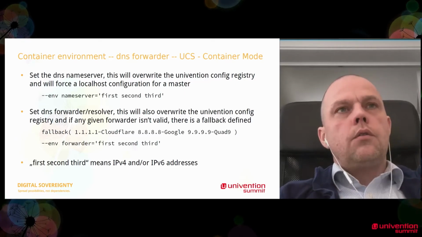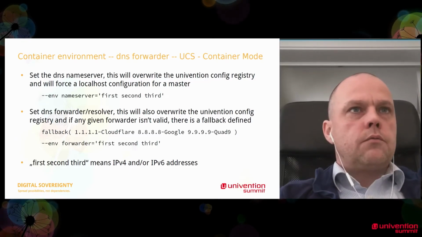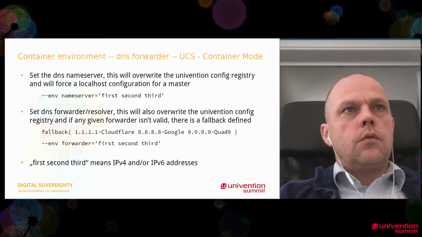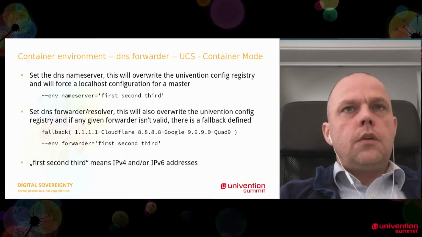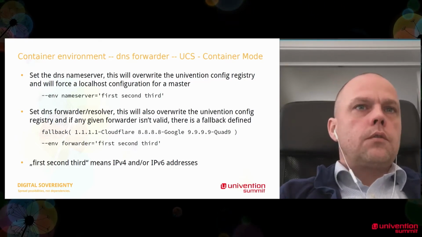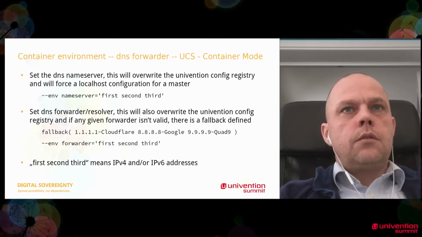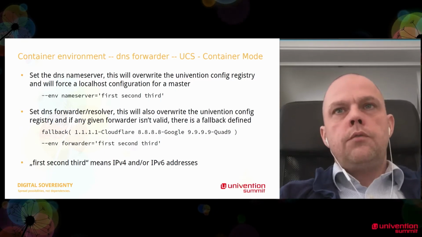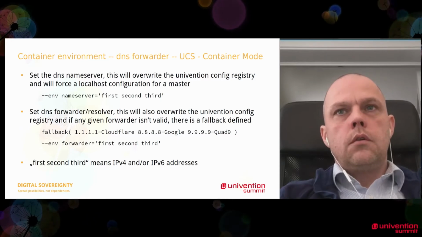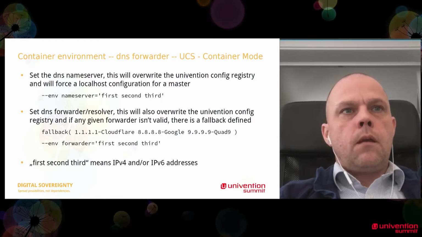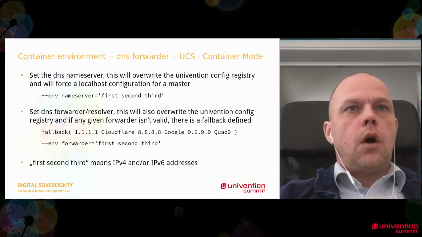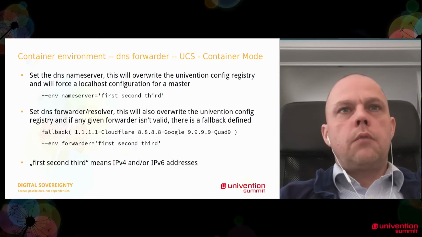Why? Every master should ask itself first, and if it doesn't know how to resolve things anymore, then it goes to the other IP addresses. And a DNS forward resolver would overwrite these three IP addresses, and if none of them give a result, then we can fall back on Cloudflare, Google, or Quad9.